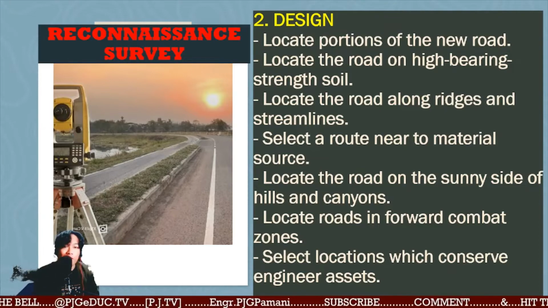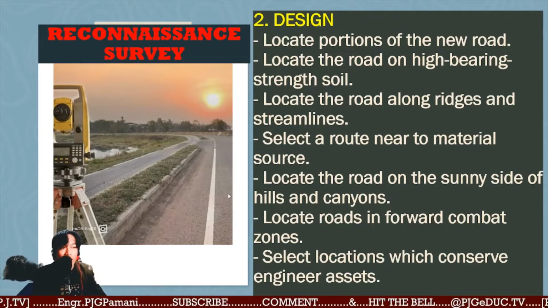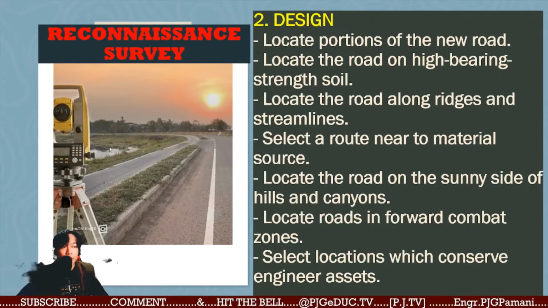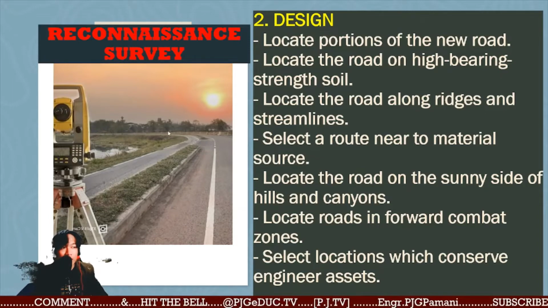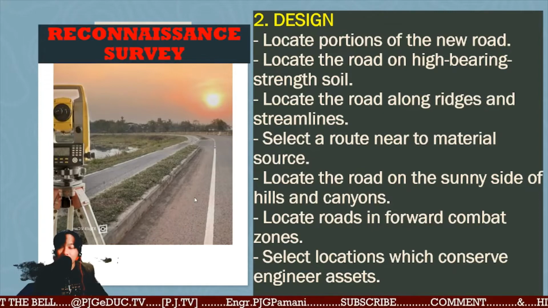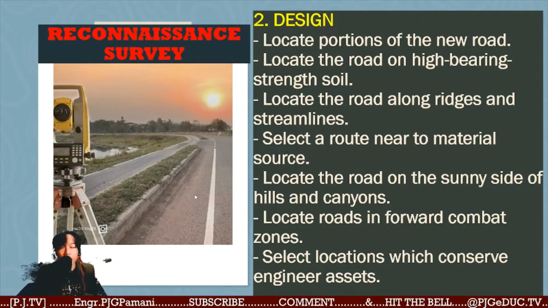Locate the road along ridges and streamlines, considering whether this particular roadway or highway is located along bodies of water, since those bodies of water may affect the strength of your soil as well as the construction processes. Select a route near a material source.